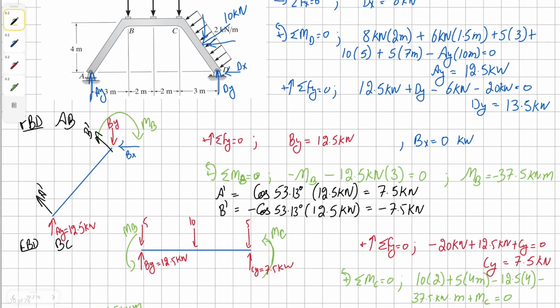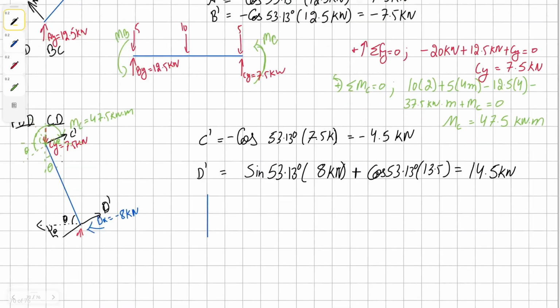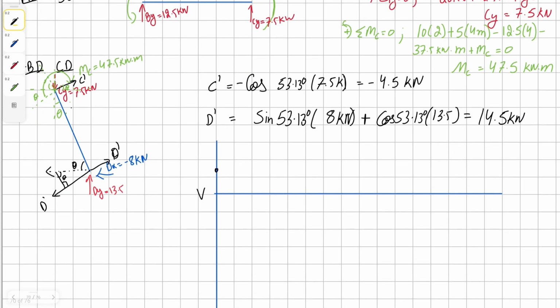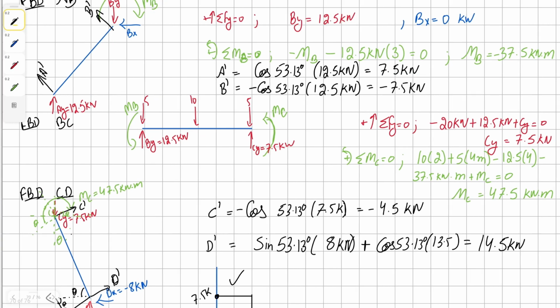Beginning with shear, for member AB, we have A prime as 7.5, so we're going to begin at 7.5 kilonewton. Nothing's going to happen for the course of 5 meters. And then we have a negative 7.5 kilonewton, which brings us to 0. That means that this member is correct.